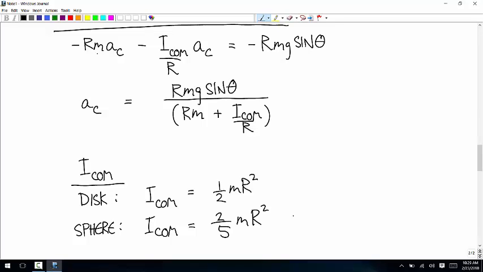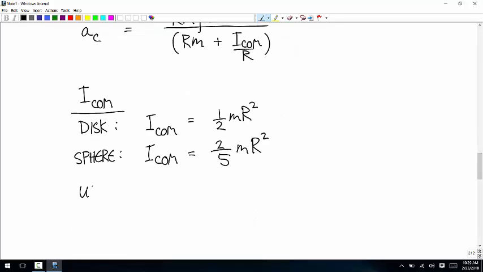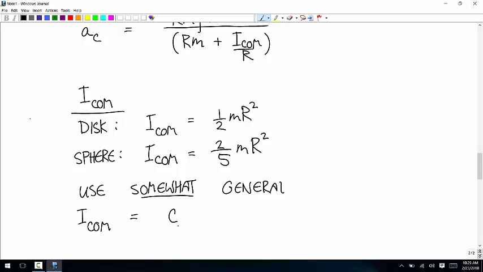So we'll use a somewhat general mass moment of inertia about the center of mass of a constant times the mass times the radius squared.